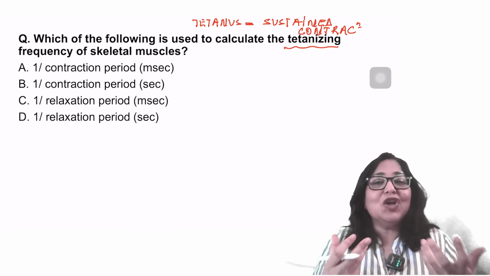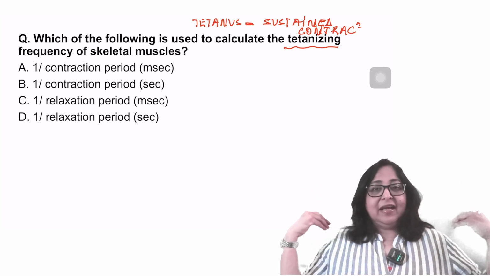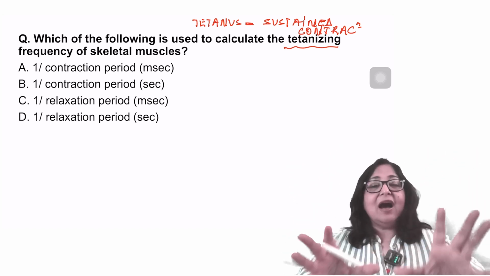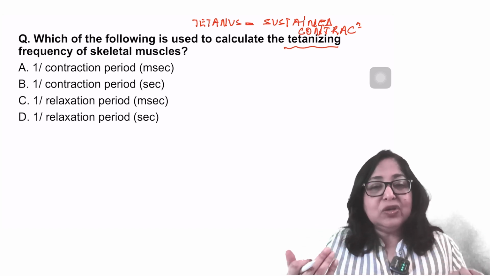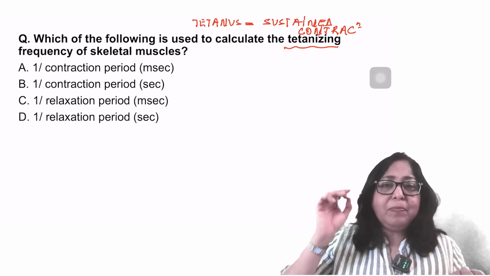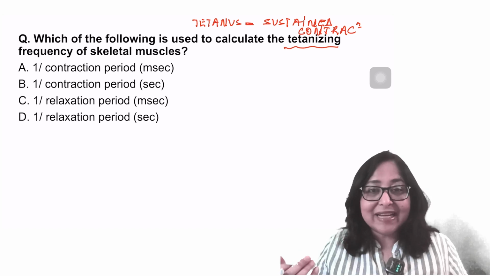They're in a state of physiological tetanus. I'm sitting, my paraspinal muscles are in a state of physiological tetanus. How does a muscle go into a state of physiological tetanus? When it gets repeated stimuli from the motor cortex.